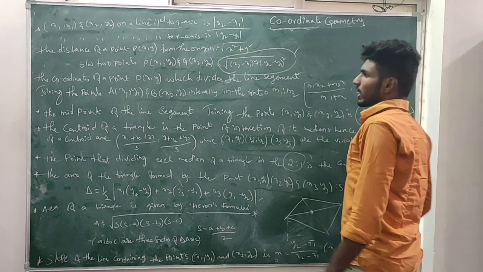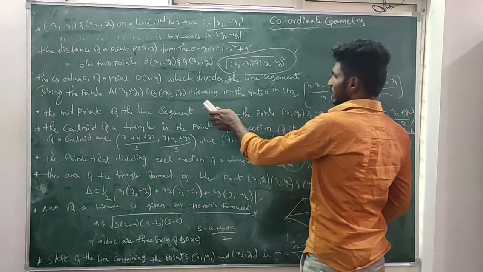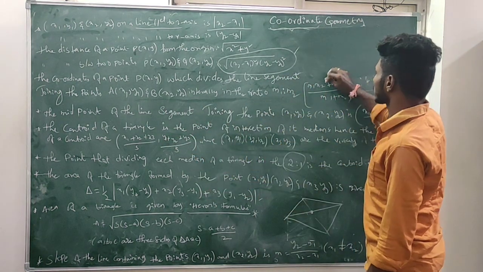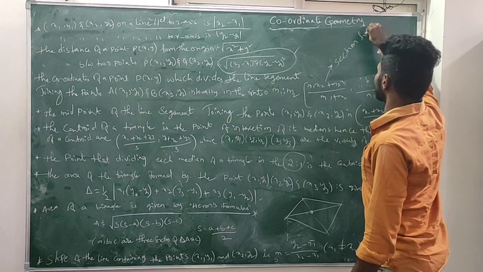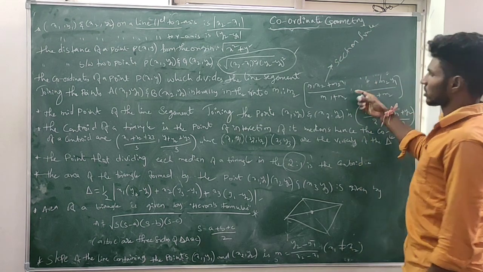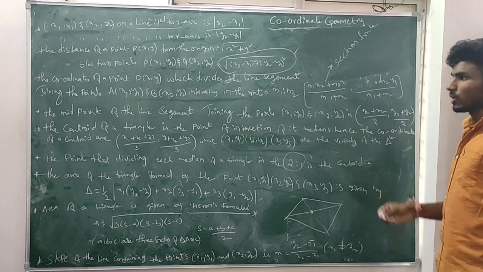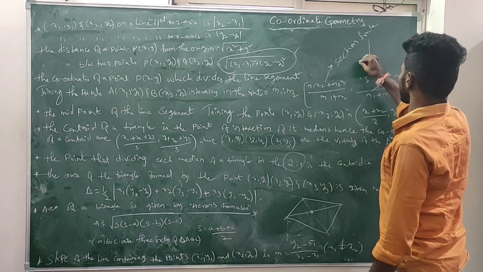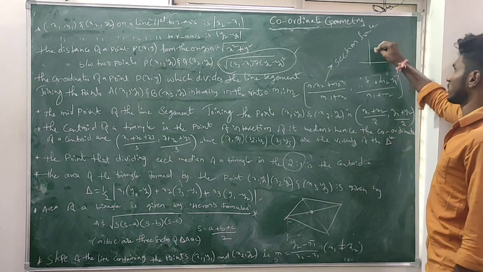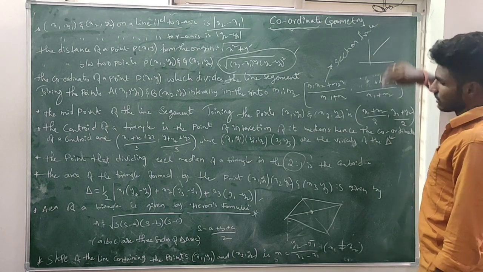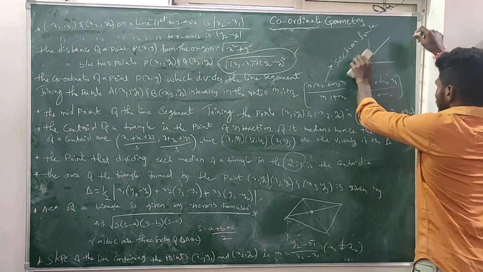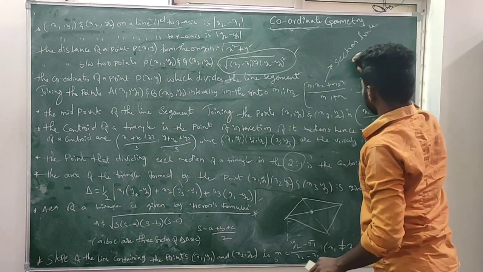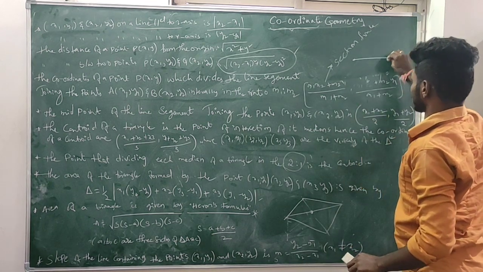Next up, joining the points A, B internally in the ratio. This is your so-called section formula. In this section formula, you have a line somewhere on the axis, with points A and B. I am not speaking in the coordinate system now.